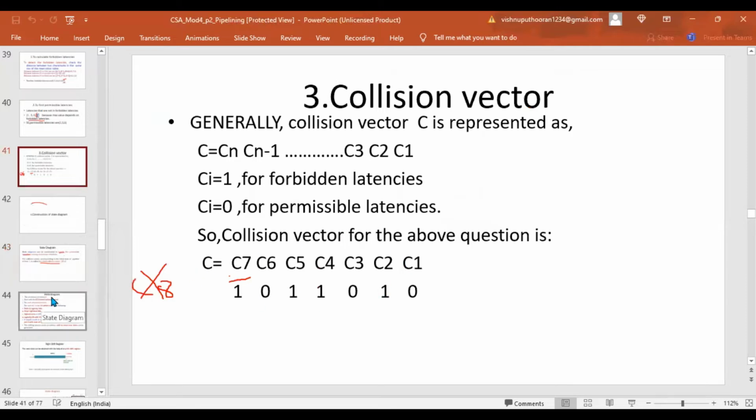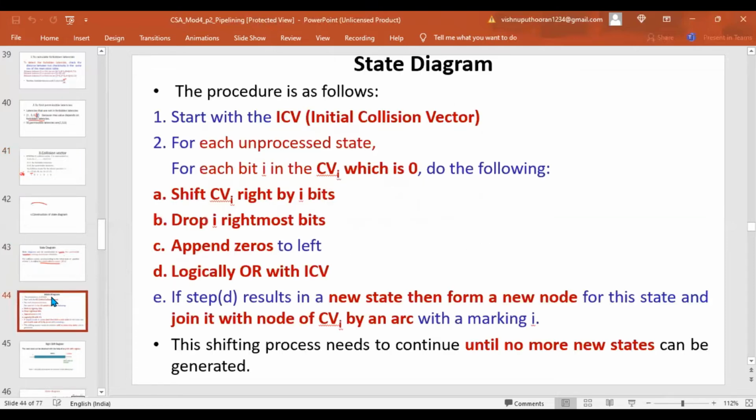Using the initial collision vector, we can find the state diagram, and a number of procedures are to be followed. The first procedure is to start with the initial collision vector. We have already found it. The second procedure is, for each unprocessed state, for each bit I in the collision vector which is 0, do the following.